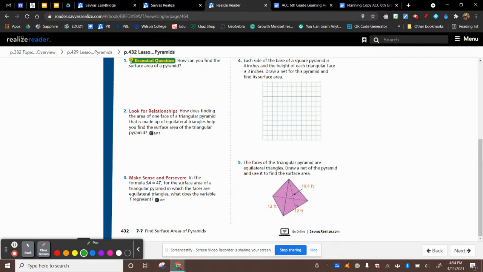All right, so area of the base, 1/2 base times height. I know that it's 12 and the height is 10.4. So I'm going to find the area of 1 and then I can multiply it by 4 since I know that there are 4 faces that are the same.